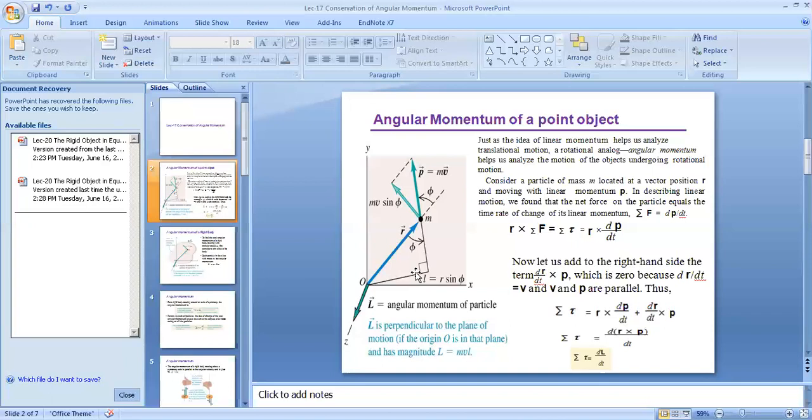It is the perpendicular distance between the axis of rotation, which is passing through this pivot point O, and the line of action of force.